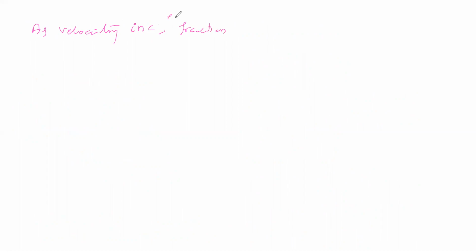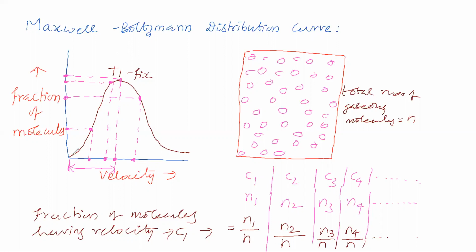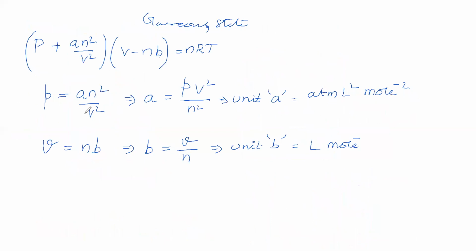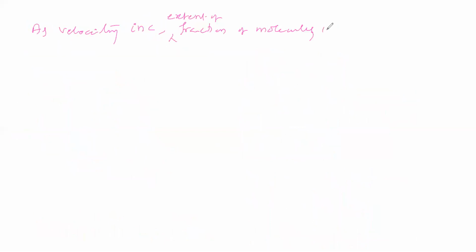That means the extent of the fraction of gaseous molecules, what happens? Now see, we are seeing the graph from this point to this point. As velocity increases, what happens to the fraction of molecules? It increases. The fraction of molecules possessing that velocity increases.